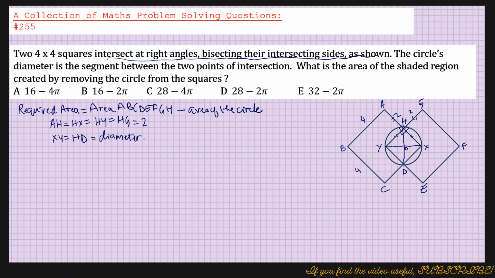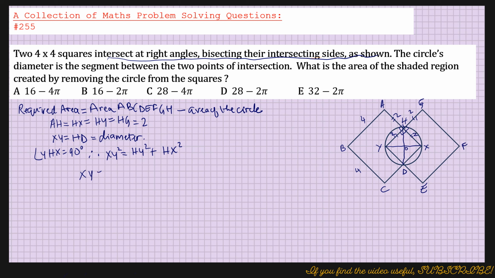So angle YHX is 90 degrees, and therefore XY square equals HY square plus HX square, and you see they are all 2.